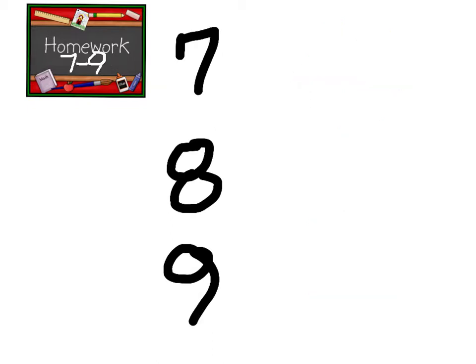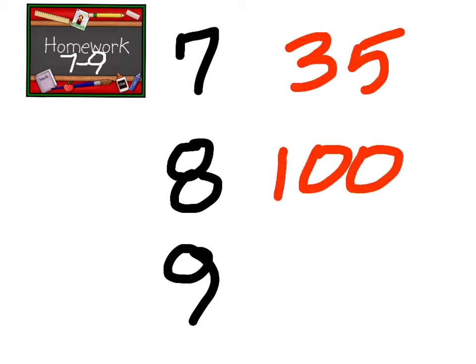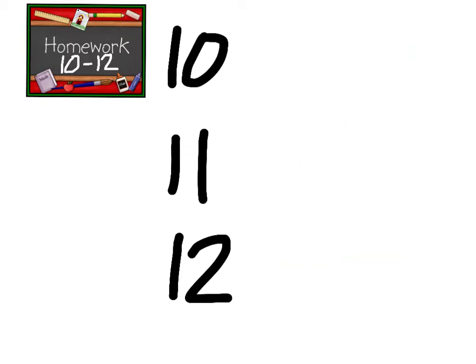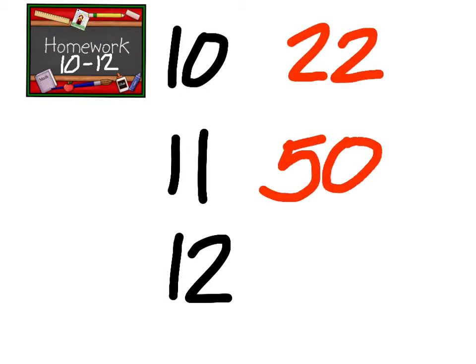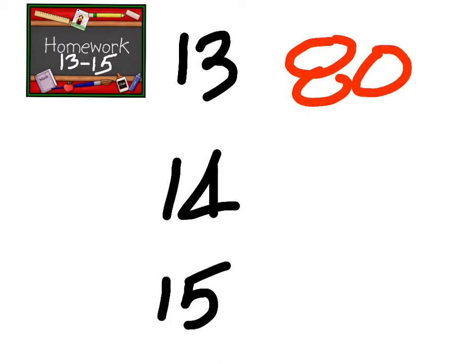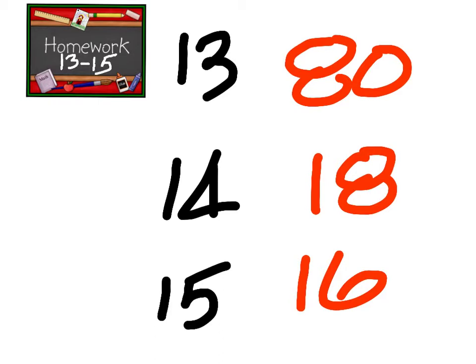Answers to 7, 8, and 9 are 35, 100, and 55. Answers to 10, 11, and 12 are 22, 50, and 5. Answers for 13, 14, and 15 are 80, 18, and 16.